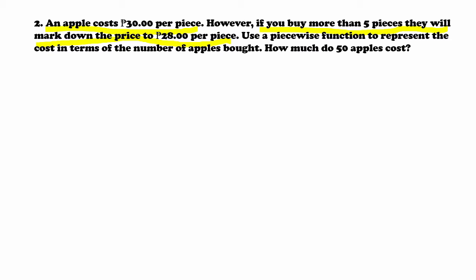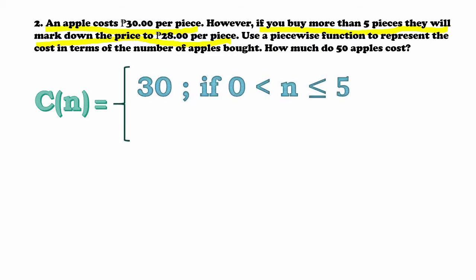Let us represent the cost of the number of apples as C of n equals, okay, so 30 pesos is the price of the apple if the number of apples is greater than 0 but less than or equal to 5.